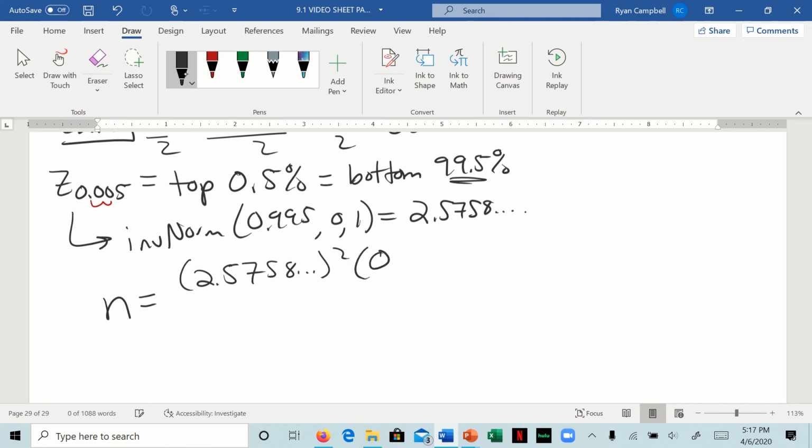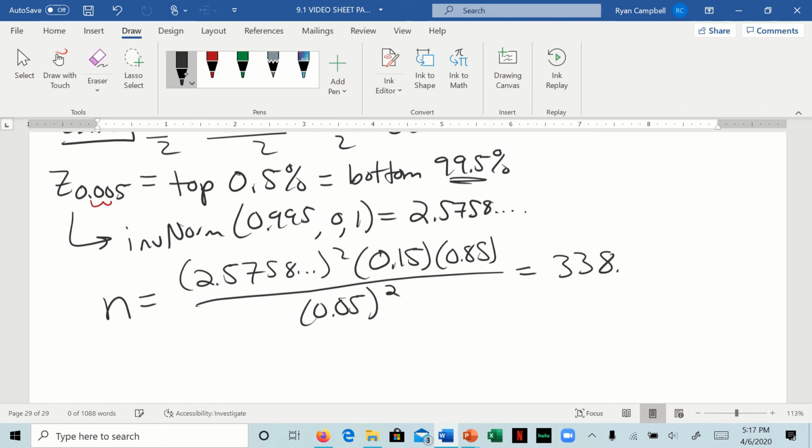Then multiply by 0.15, multiply by 0.85, divide by 0.05 squared, and we end up with 338.379 and so on, which of course is going to round up to 339 Democrats.